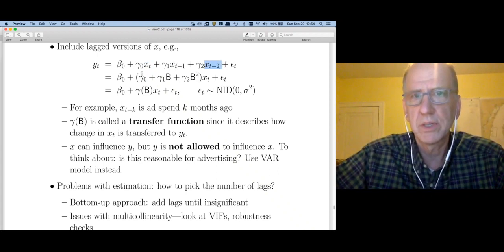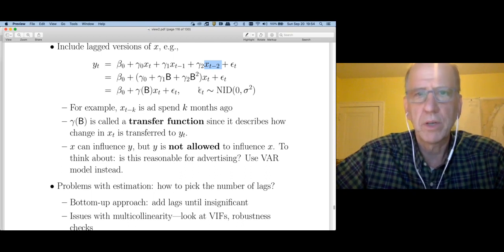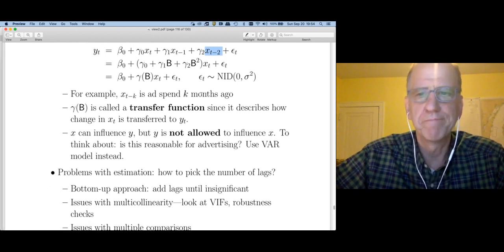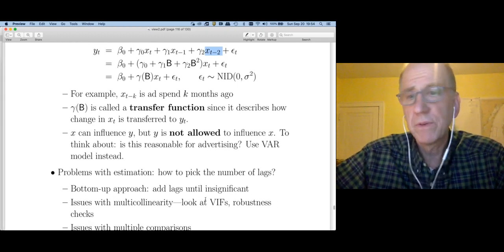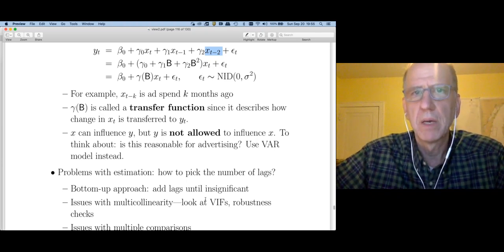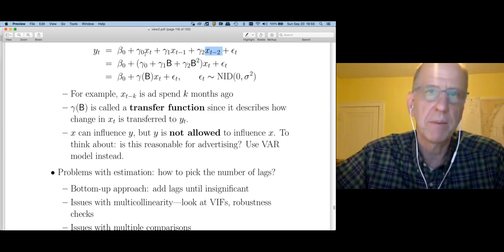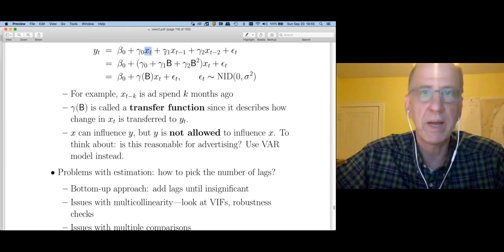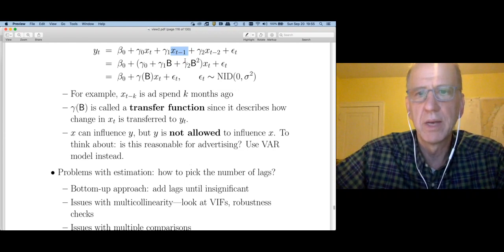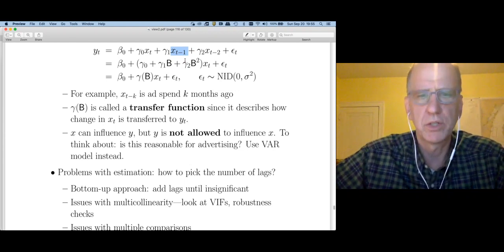And what you'll see is that the regression's just going to melt down. You're going to get all sorts of crazy sign flips. It's not going to be good. So you want to look at your VIFs. You want to do robustness checks where you see, if I didn't have, for example, advertising this month, what happens to advertising last month? If you have them both in there, what happens? So you want to be doing a lot of those robustness checks.